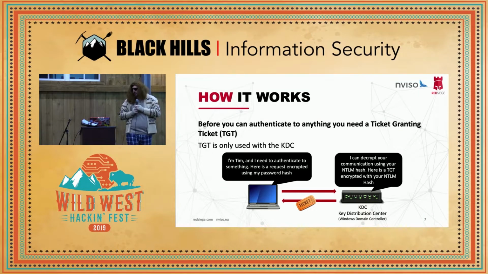So how does it work? I am this computer on the left, and I want to authenticate. I want to go into the Windows domain. Think of this like going into an amusement park. I need a ticket to get into that park, so I need what we call a ticket granting ticket. I'm going to authenticate myself, say, hey, I am Tim, and perform the authentication. Again, based on my password hash, there's a timestamp that's encrypted in each direction to prove that's who I am.